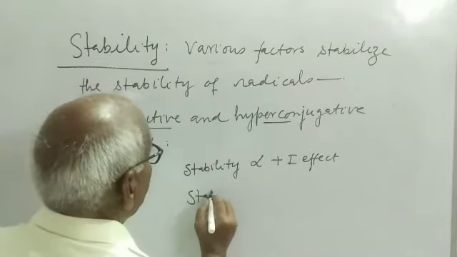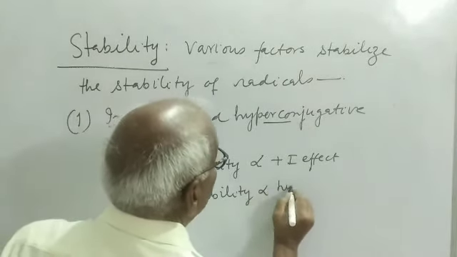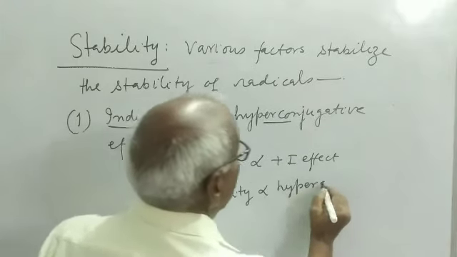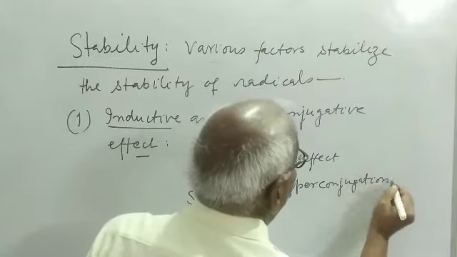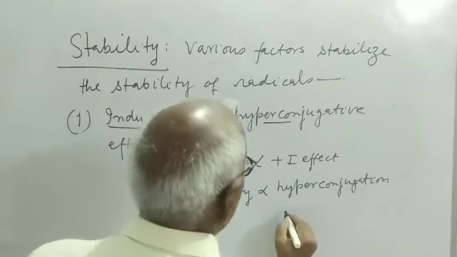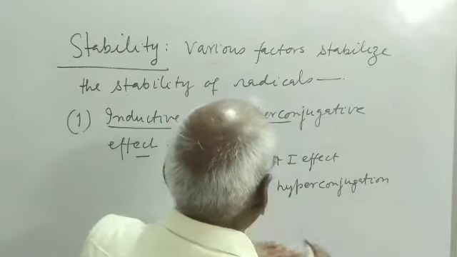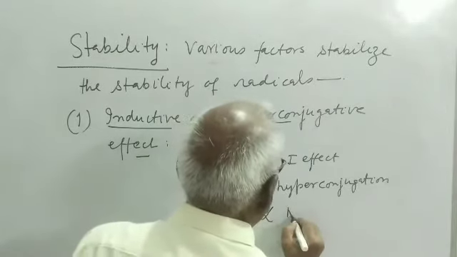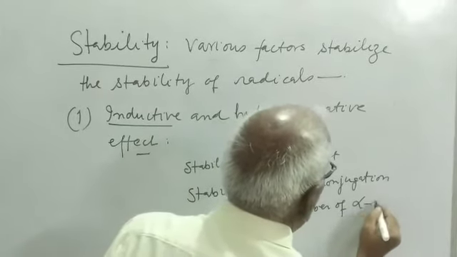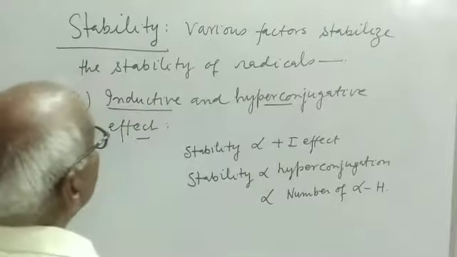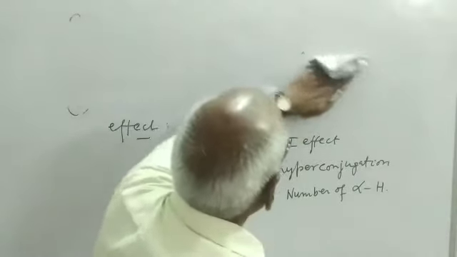And further, stability is proportional to hyperconjugation, and hyperconjugation is proportional to number of alpha hydrogens, to number of alpha H.